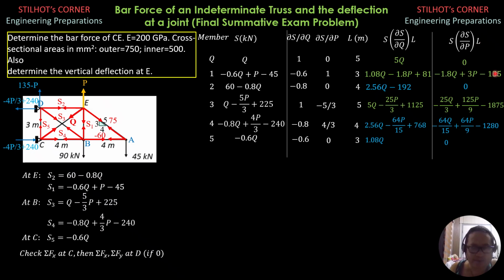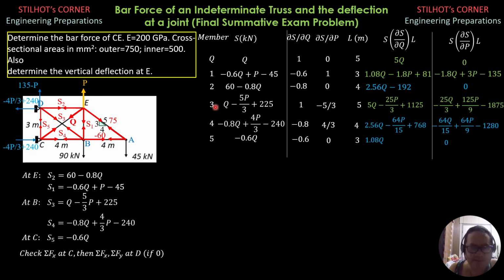Partial of S with respect to P times length, that's the value. It is an inner member also. Member 2 is an outer member, so this is the stress derivative with respect to Q and with respect to P 0, length 4. So it is an outer member, blue. Partial of S with respect to P times length is 0.